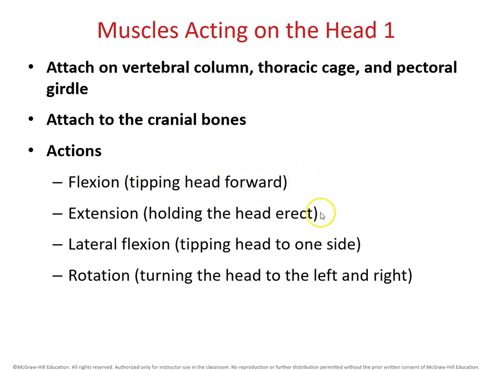We can hold our head straight up, that is extension. We can move our head side to side, kind of in a tipping motion, and we can call that lateral flexion. And we can turn the head left and right. We talked about that with the motions of the atlas and axis joint for rotation.